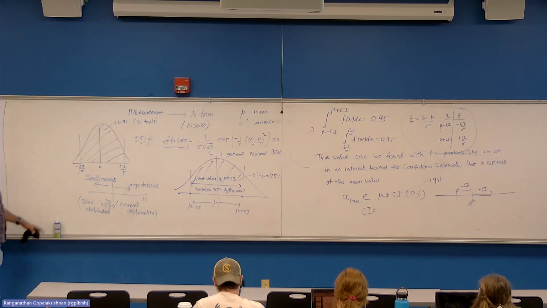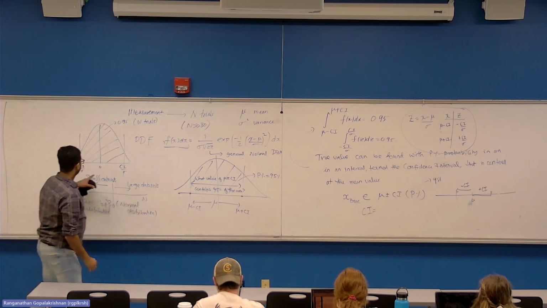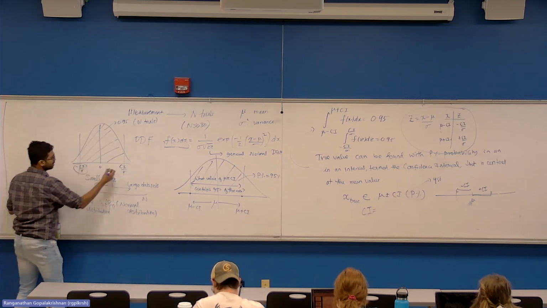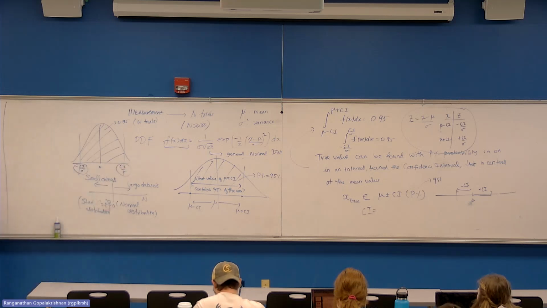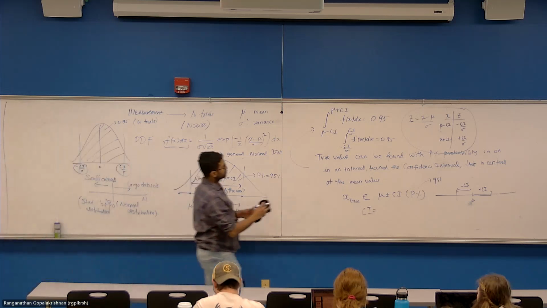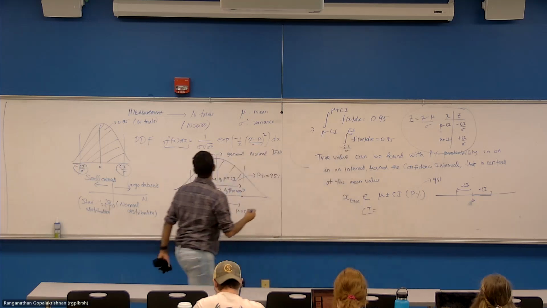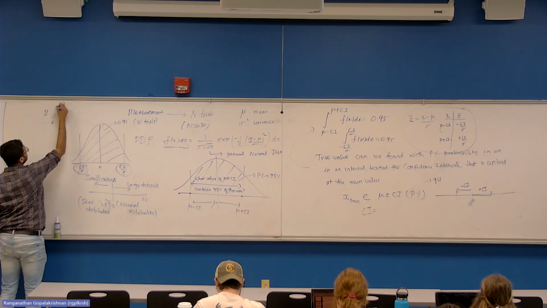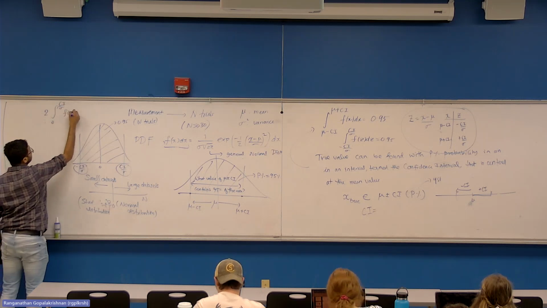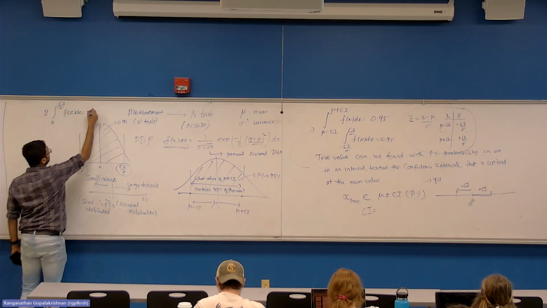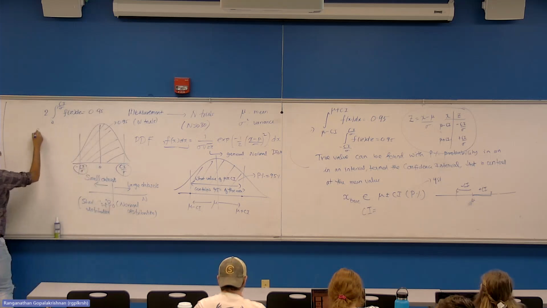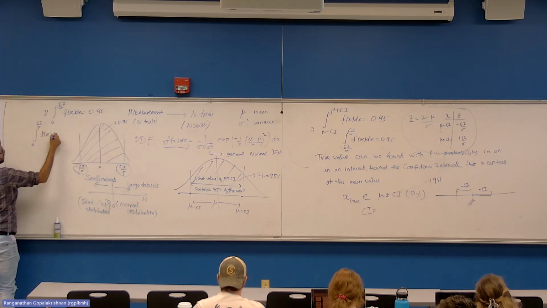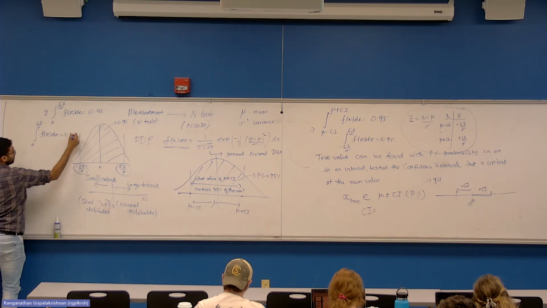All I have to do is look up my chart to see what value leads to 95%. So this becomes 2 times the integral from 0 to Ci over sigma of f of z dz equal to 0.95, or the integral from 0 to Ci over sigma of f of z dz equals 0.475.